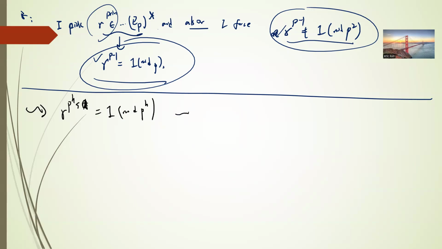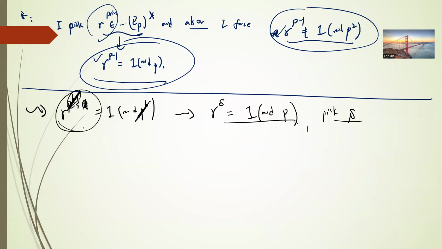But I can keep using the split theorem, right? I can split to R^S equals 1 mod P. Sorry, this is H minus 1. So I split H minus 1 to this, then I get this. So for the rest I just pick S, but there's nothing I can pick, right?